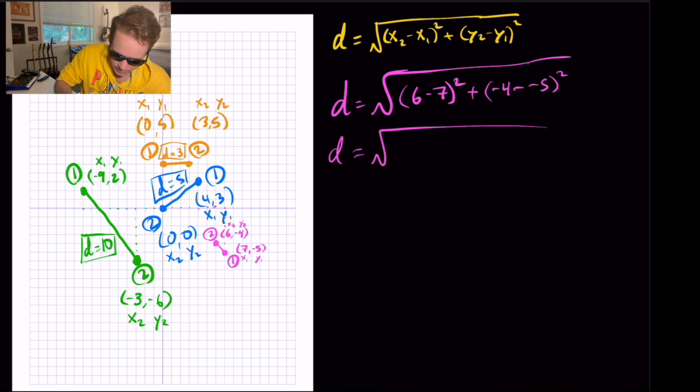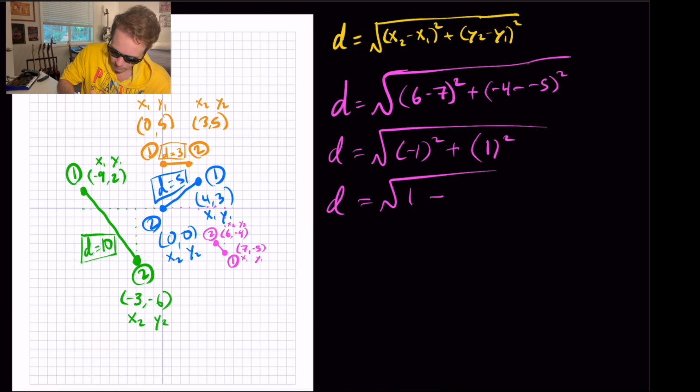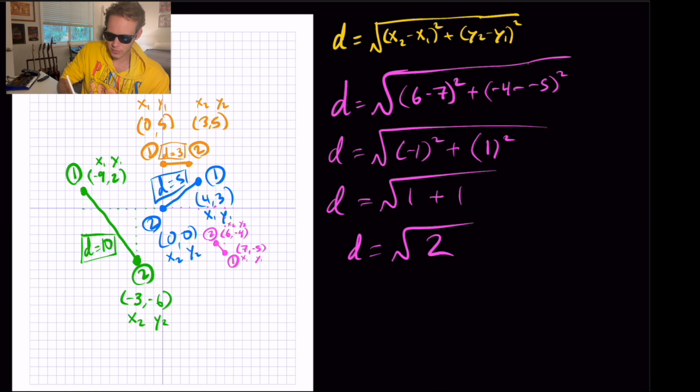All right, so 6 minus 7 is going to be negative 1, so we'll have negative 1 squared, plus negative 4 minus negative 5 is going to be 1, and then squared. Distance is equal to 1 plus 1, all under the square root. So distance is equal to the square root of 2.